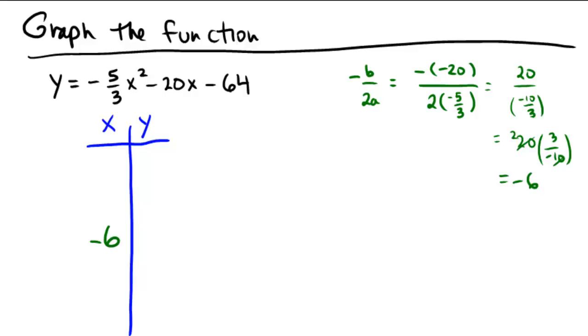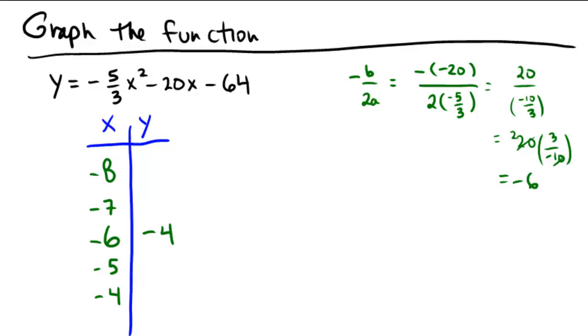I'm just going to draw it and trace, and when I plug in negative 6, the value I get is negative 4. And then I need 2 points on the left and 2 points on the right, so I'm going to stick in the numbers negative 7 and negative 8, and negative 5 and negative 4, because this will give me enough information to be able to graph my function.